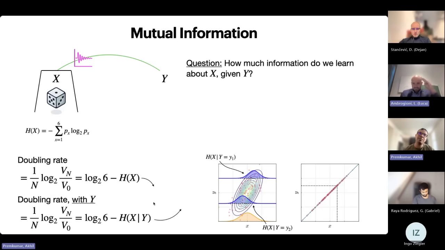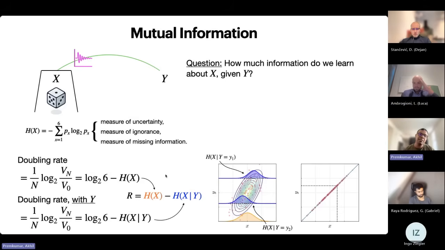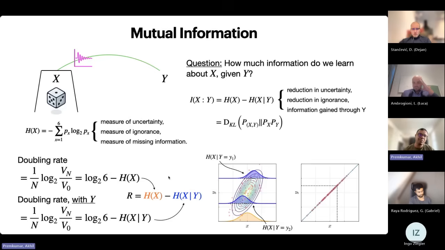Therefore, this communication channel increases your doubling rate by this number, which is nothing but the mutual information. So mutual information is almost antithetical to entropy: if entropy is the measure of uncertainty, mutual information is the reduction in uncertainty. Of course, there are many equivalent formulas for the mutual information. This is another formula: the KL between the joint and the product of marginals.